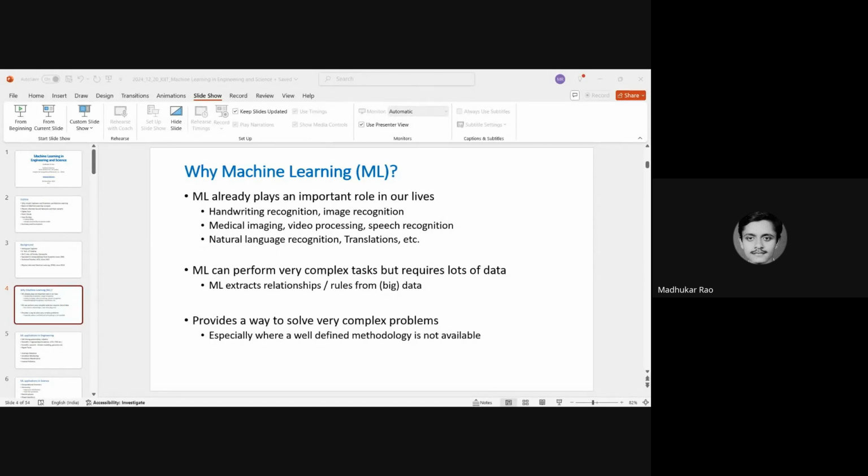Now, what are the different problem types we deal with in machine learning? First and foremost, most of you probably are already familiar with regression. You must have all fit a straight line to data, so that is one type of machine learning. If you have higher order models like higher order polynomials or neural networks and so on, then that is the domain of machine learning. Here, the model outputs are continuous variables, like, for example, the velocity field in a fluid flow or the temperature in a heat transfer problem and so on.